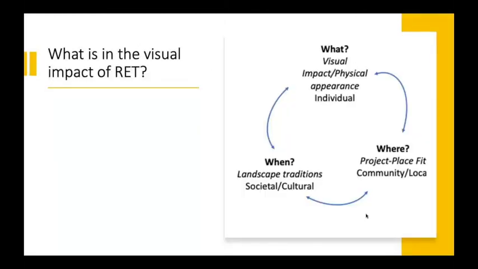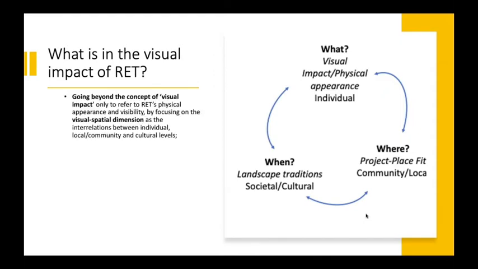So to sum it up, we propose that when we are thinking about the visual impact of renewable energy technologies, we should always be thinking about these three dimensions. The individual, community, local, and societal, cultural, institutional dimension, and through that, looking always at not only which specific energy infrastructure is being deployed, but also where and also when. So how does it relate with larger cultural and institutional meanings and practices?